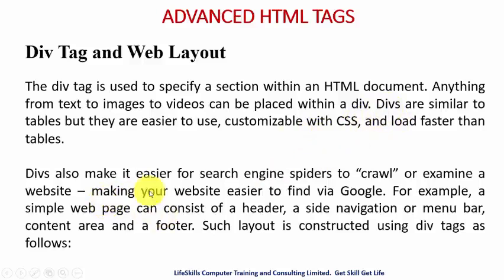Another advantage of div, apart from being easier to use, highly customizable with CSS and load faster than tables, div tag also makes it easier for search engines to crawl through your site so that your site can be easily found on Google. For example, a simple web page can consist of a header, a site navigation or menu bar, content area, and a footer. Now look at the layouts.